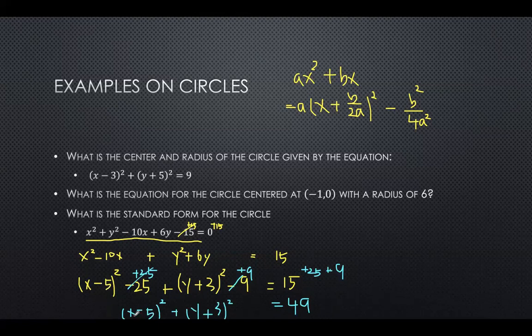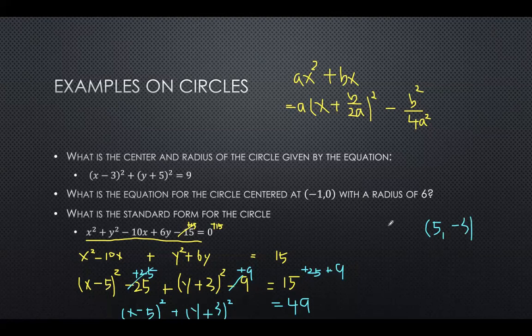All right, so this is the standard form. So with the standard form, you can have the center and you can have the radius. Right? So the center here, x minus 5, so the h is 5. Y plus 3 means y minus negative 3, so 5 and minus 3.